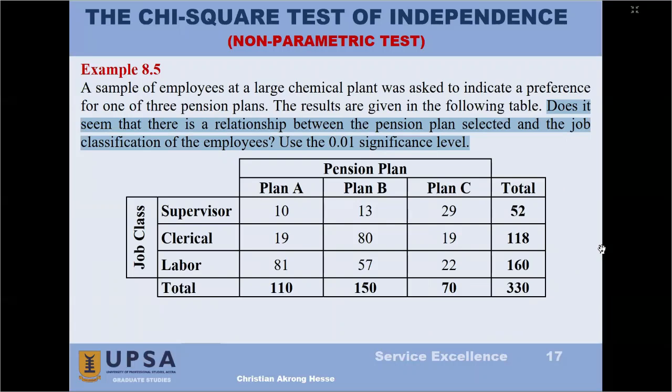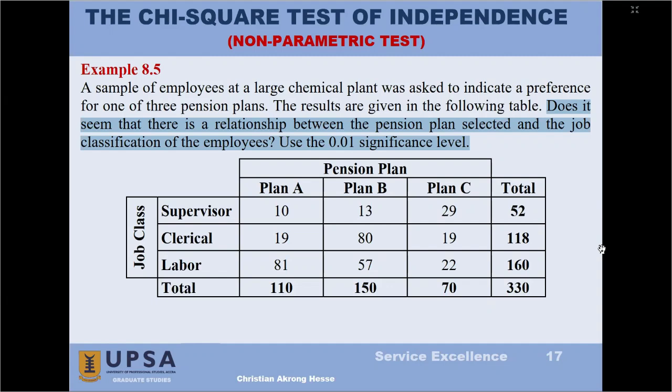Is there a significant association between the job class and pension plan? What is the null hypothesis? Okay, so the null hypothesis is that there is no significant relationship between job class and pension plan.